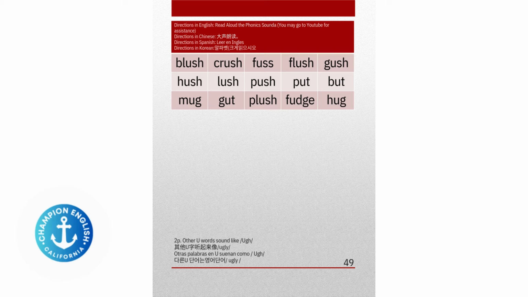out as we're reading it slowly yet nicely. And here we go. Bluh and ush, blush. Cr and ush, crush. F and us, fuss. Fl and ush, flush. G and ush, gush. H and ush, hush.